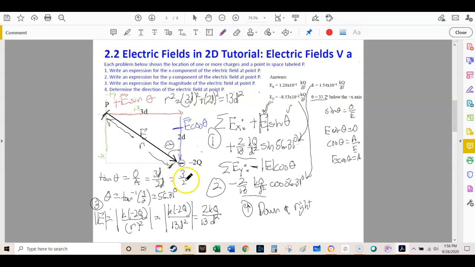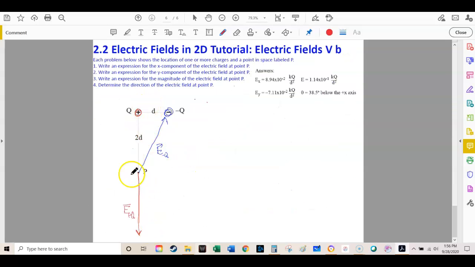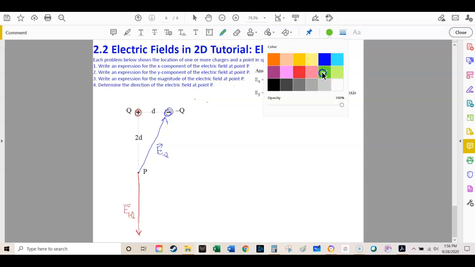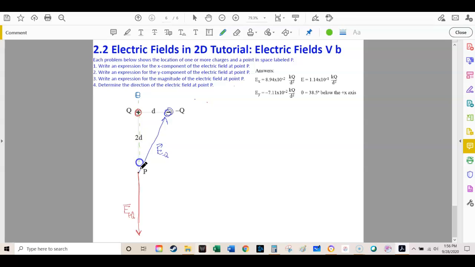Well, in the very first problem we did, we added that one single vector that didn't align with our coordinate system. So our coordinate system is going to be up and down and left and right, and I'm going to draw it through point P. And I think I am going to, again, break with a little bit of tradition.